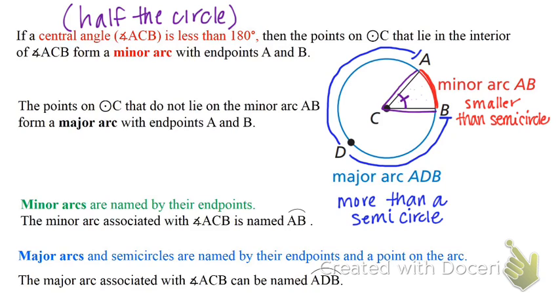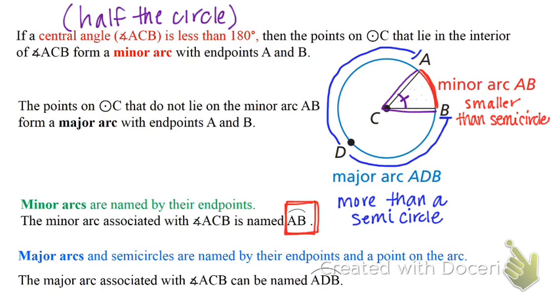So when we name minor arcs, the only thing that we need to do to name them is look at the endpoints. So like in this example, it's easy to see why the minor arc is named AB. But we could call the major arc AB also, since those are the endpoints of the major arc.